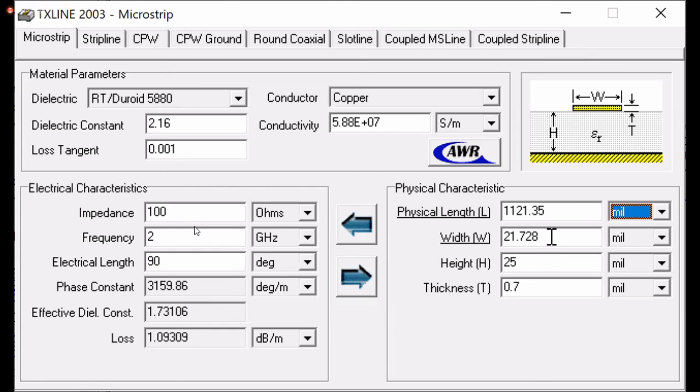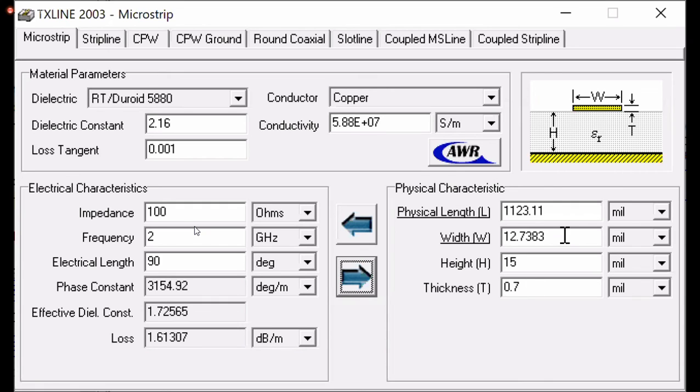The width is 21.7 mils. The height, I'm assuming I'm using a 25 mil substrate and half ounce copper. If that's not true, you say, oh, I'm going to use a smaller 15 mils. You can change it and then recalculate with this bottom arrow.